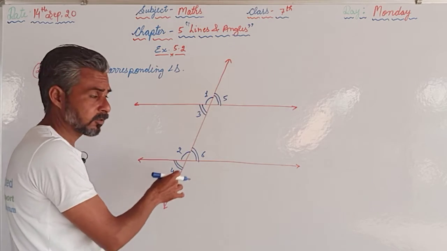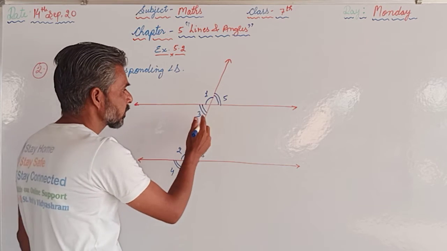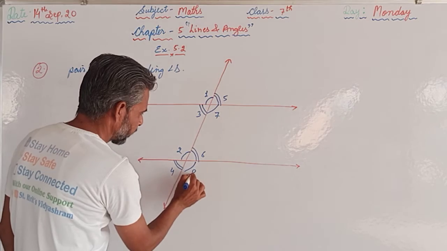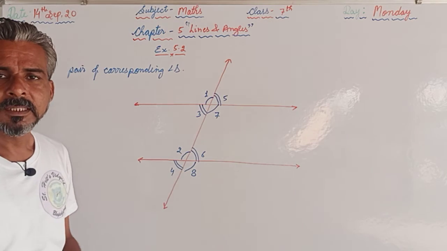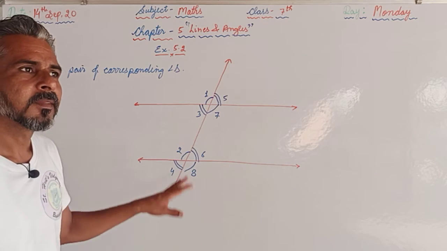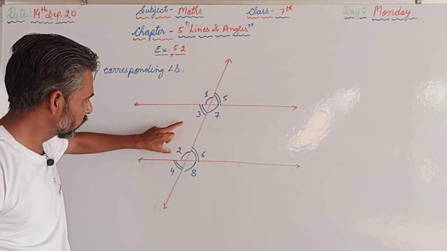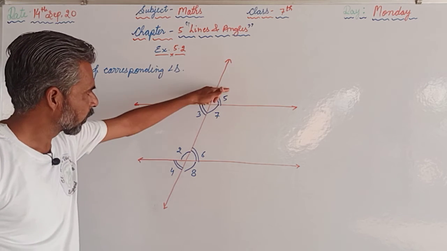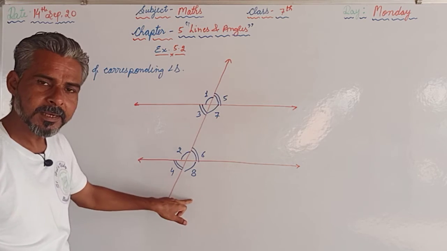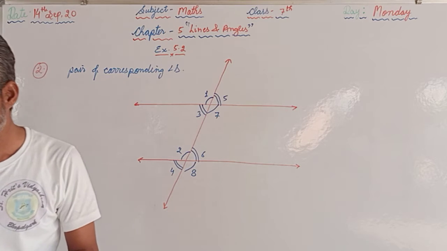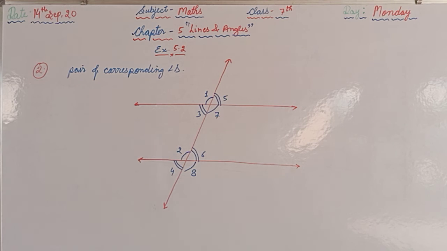This is also a pair of corresponding angles, and 7 and 8 will also be equal. These are also corresponding angles. So 4 pairs are there: 1 and 2, 3 and 4, 5 and 6, 7 and 8. These are the pairs of corresponding angles. So that is for the first part.